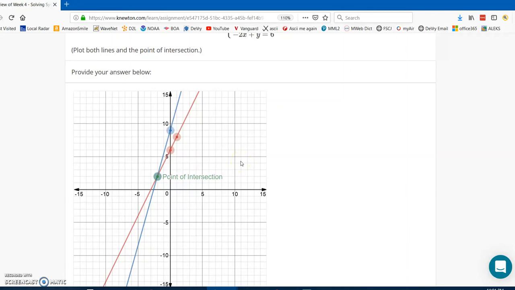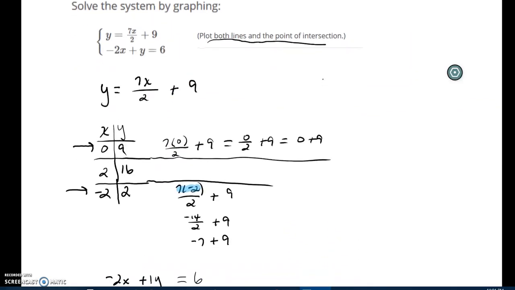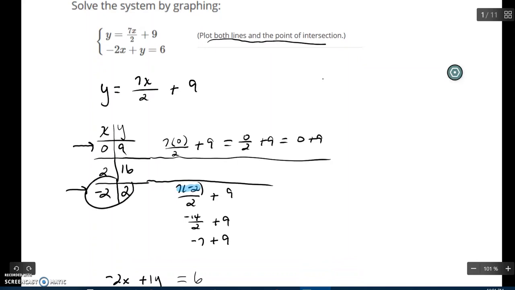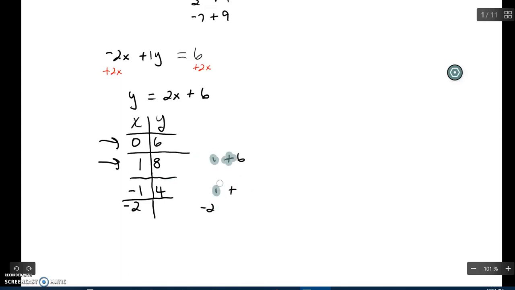Now, if we wanted to double check that before we submit the answer, if we go back to our work area here, we had found that on the first graph. What if we plug in negative 2 into the second equation? Would we get a positive 2 for y? Well, let's see.